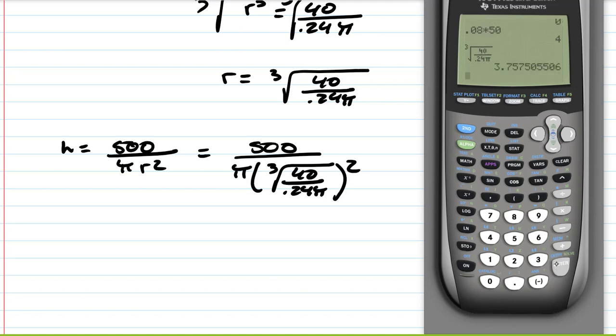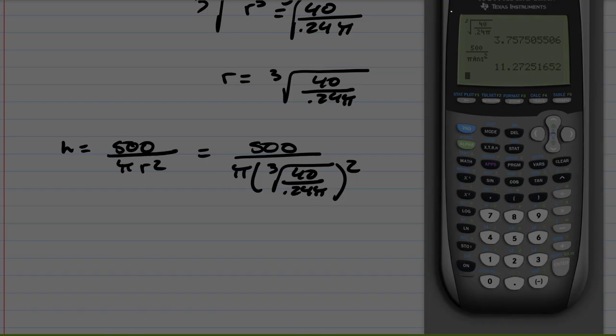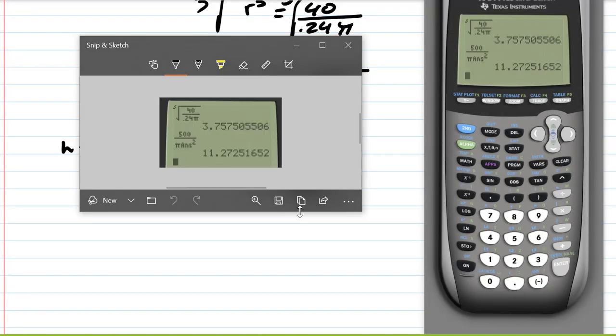gives us this. So that is our r value, and then to get the corresponding h value, we plug this in for r squared. So that's going to be 500 over pi times our r, which we have on the previous line, so I'm just going to go second answer squared, and that gives us our two values as approximations.